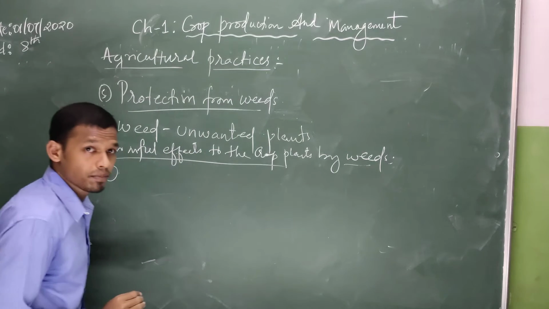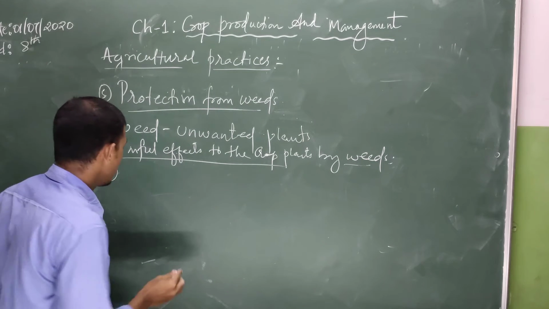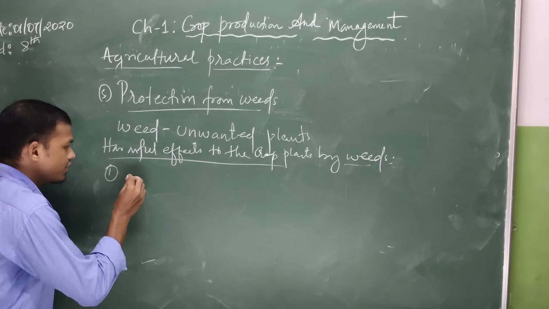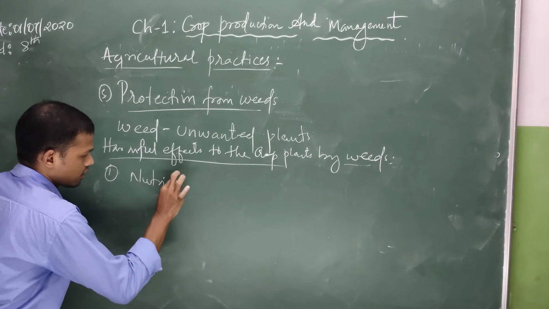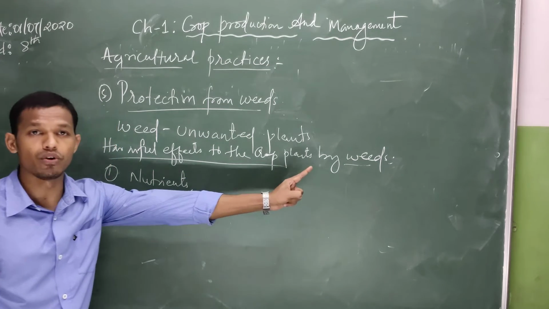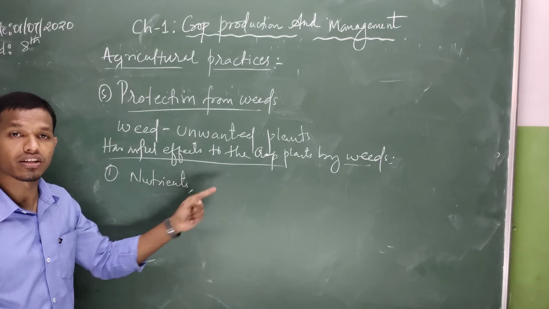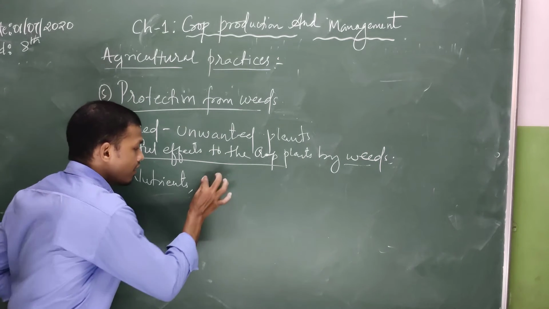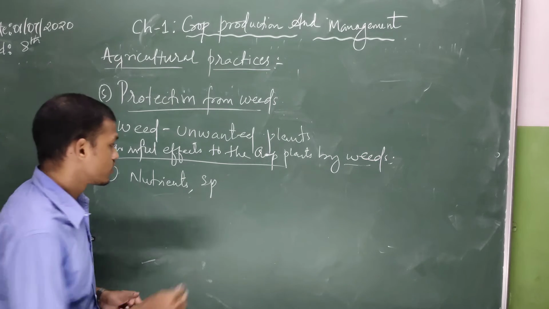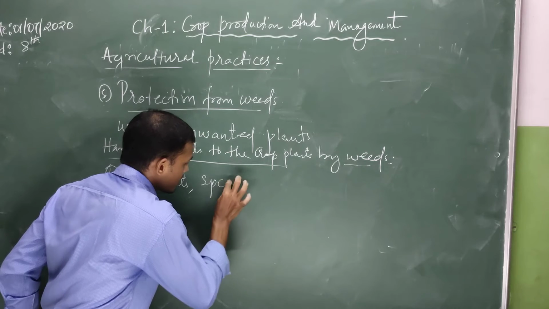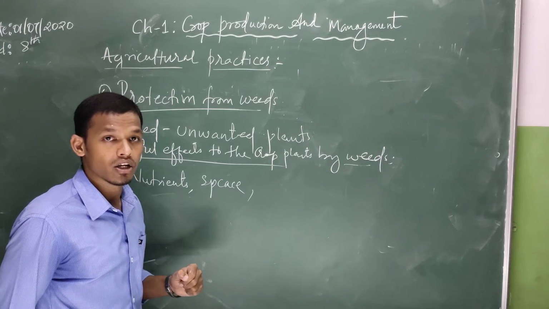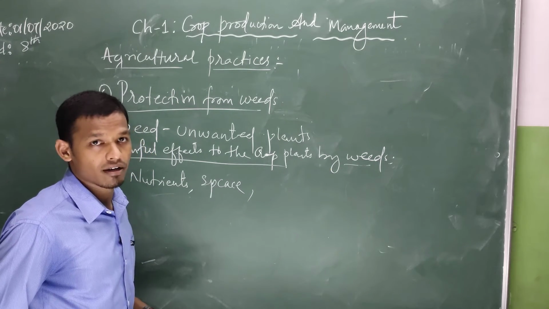They grow along with the crop, so they consume more space. Also, they absorb the nutrients required by the crop plant to grow. They take the space where the crop plants are grown, making a crowded place.